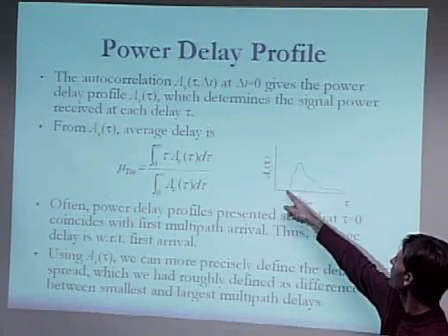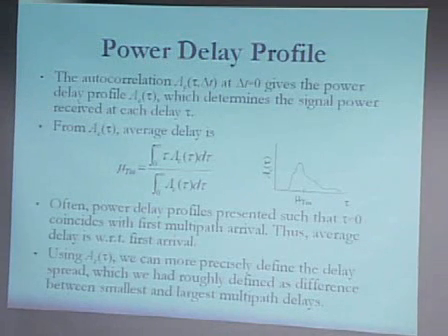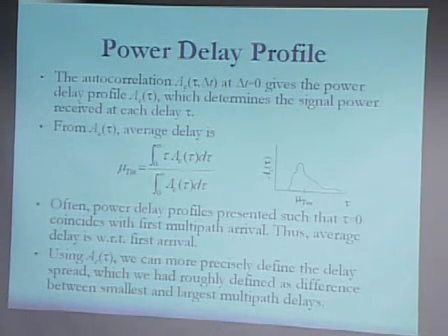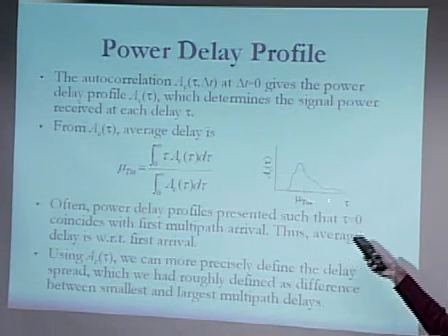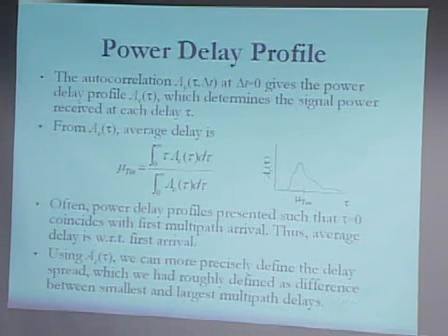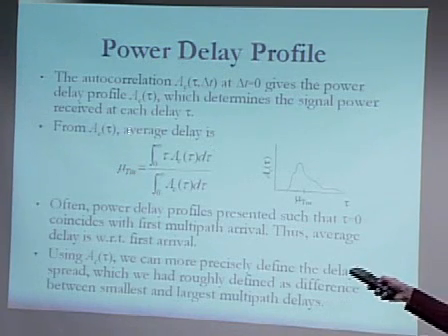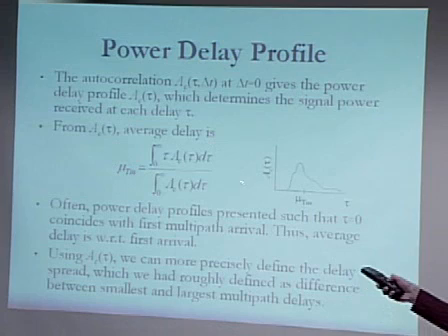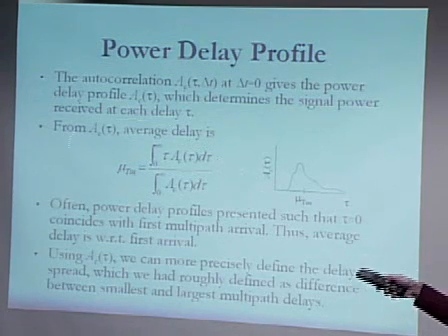And so we ask the question, what's the average delay of all this stuff we're going to receive? So starting from the moment we get the first component, what's the average delay on which all this power is going to arrive? We're going to call that mu sub t. And we compute it using this expression. Okay? It's essentially an expectation scaled by the total power. That's what it is.